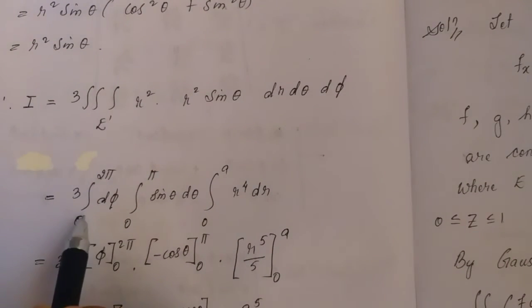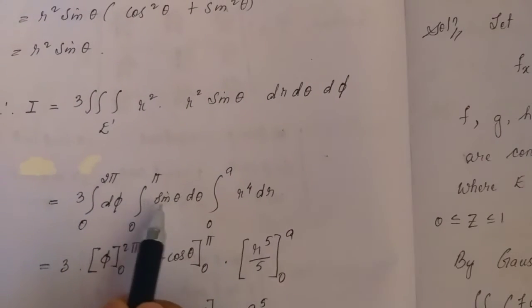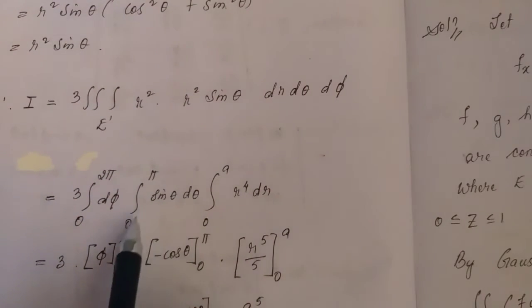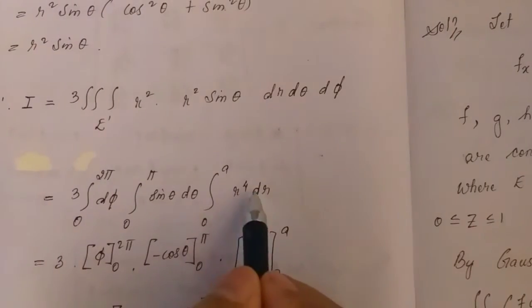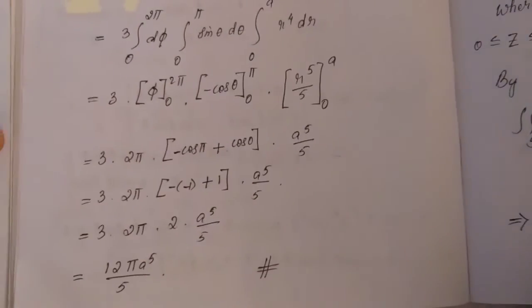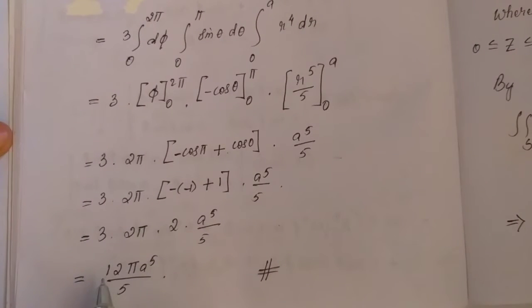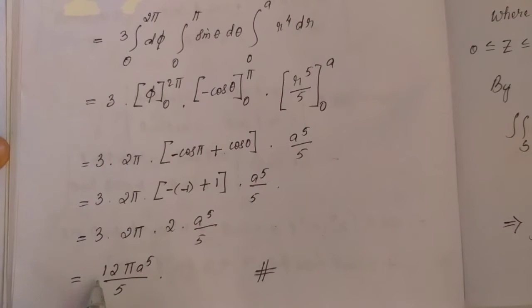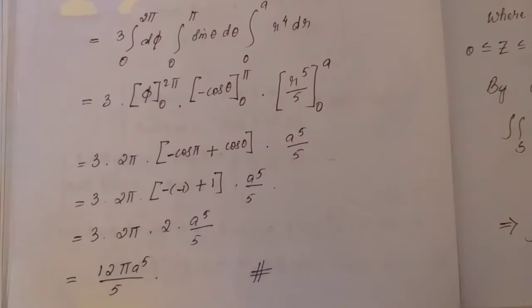Remember, phi is ranging from 0 to 2 pi, theta is ranging from 0 to pi, and r from 0 to a. If you do the calculation, then we'll get the answer equal to 12 pi a to the power 5 by 5.